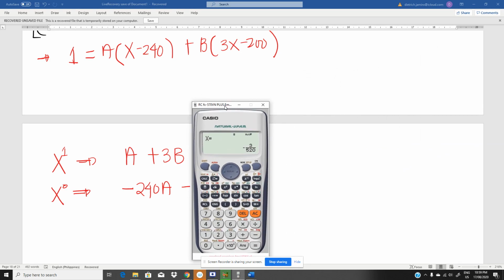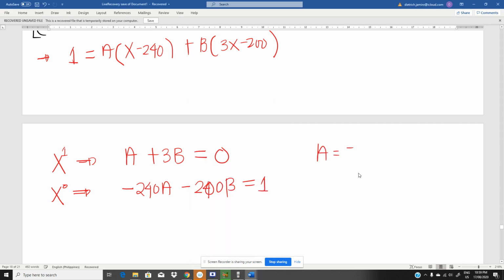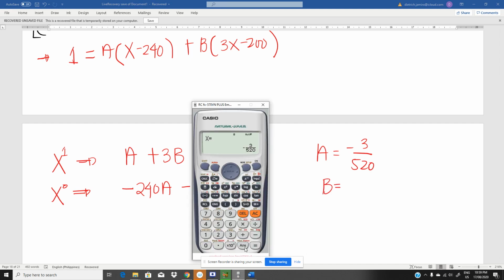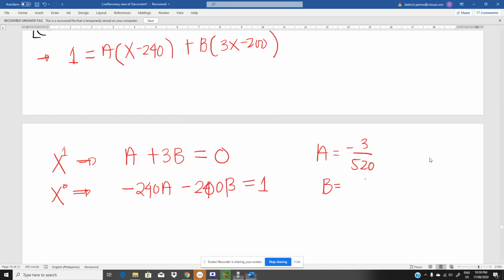So it turns out the value of our a is negative 3 over 520, and our b is equal to 1 over 520.